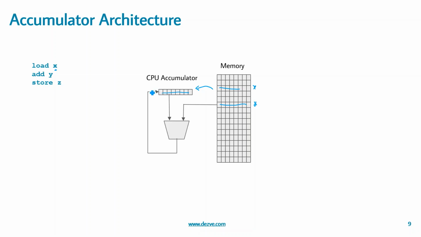So at the end of execution of this, the result of X plus Y would be available within this accumulator. Then when you do store Z, the value of this accumulator is now stored into a memory with address Z. So this is not very popular, but we have Z80 and 6502 ISA which use this architecture.